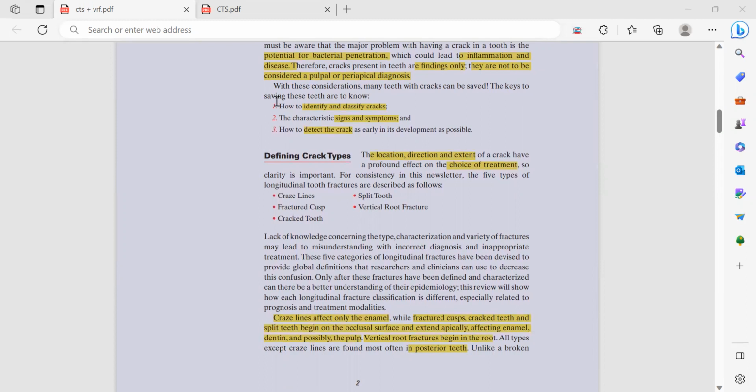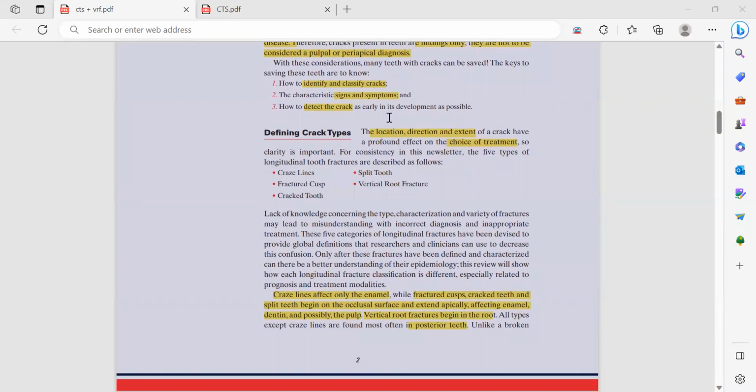The key to saving these teeth is to know how to identify and classify the cracks, because there are 5 types of cracks. You need to identify which type of crack is in your patient's tooth. Then you need to know the characteristic signs and symptoms and how to detect the crack as early in its development as possible, because that would give a good prognosis.